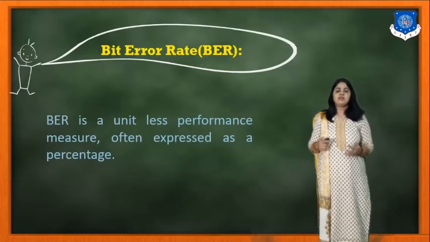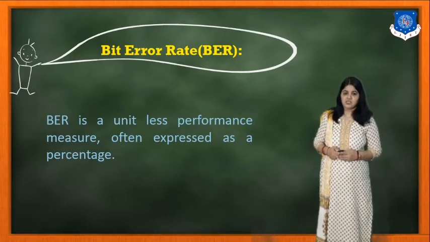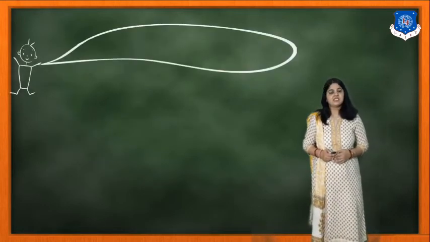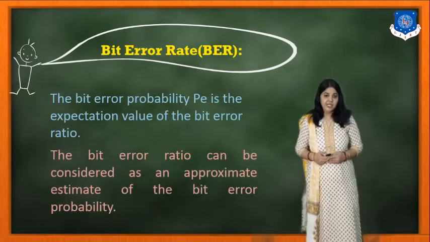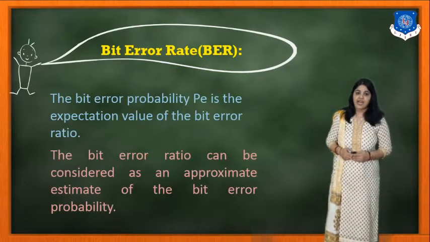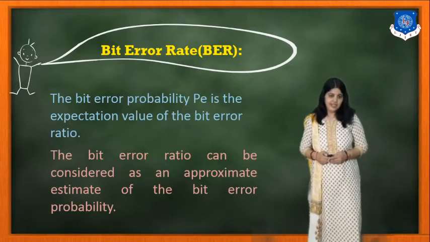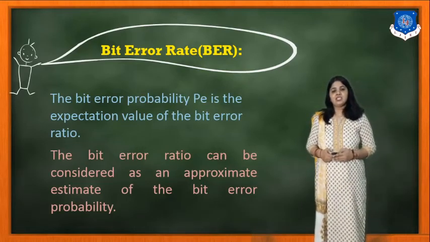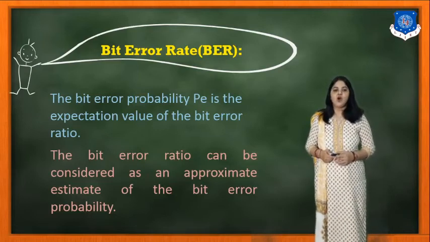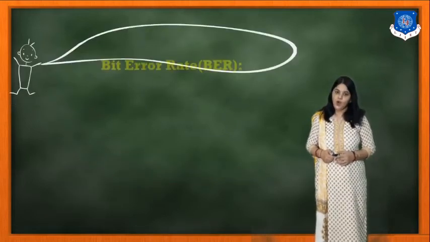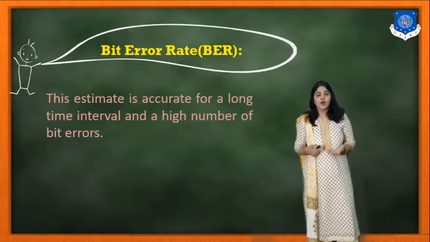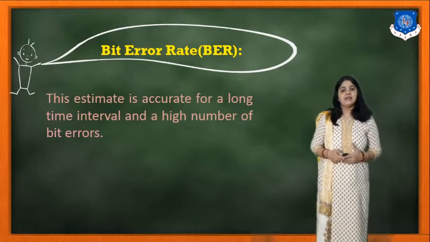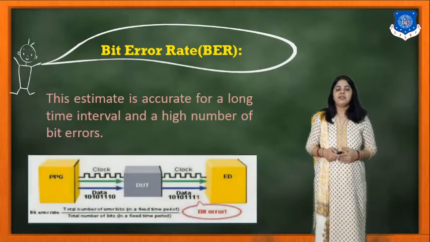It is a unitless performance measure, often expressed as a percentage. The error probability PE is the expectation value of the bit error ratio. The bit error ratio can be considered an appropriate estimate of the bit error probability. The estimate is accurate for a long time interval and a high number of bit errors.